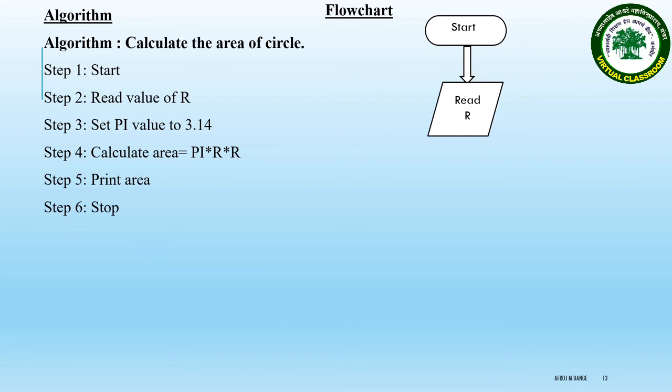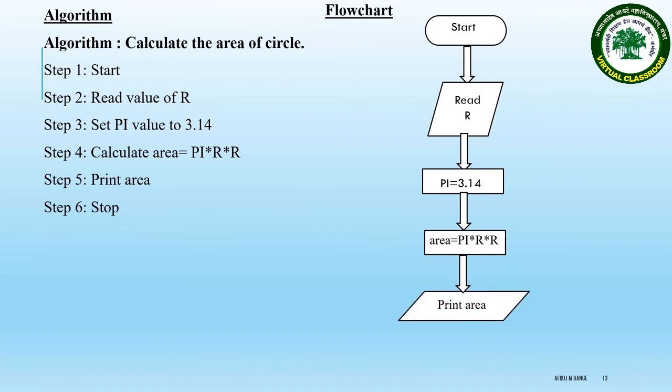Now the parallelogram is used to display a message and even to display the output. So it all depends on what you write in this parallelogram to decide whether it acts as an input or output instruction, and then you have to stop your flowchart by using the stop notation.